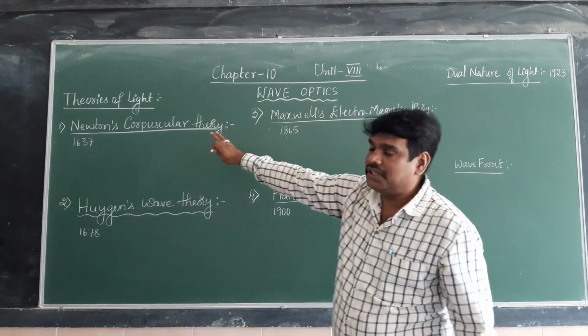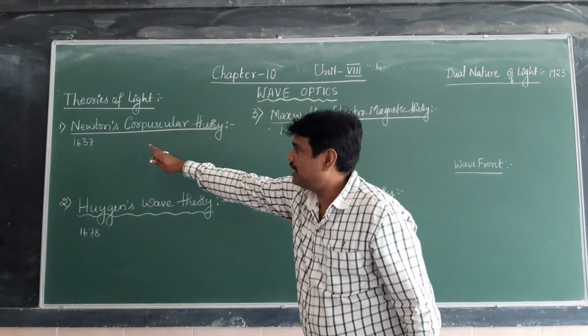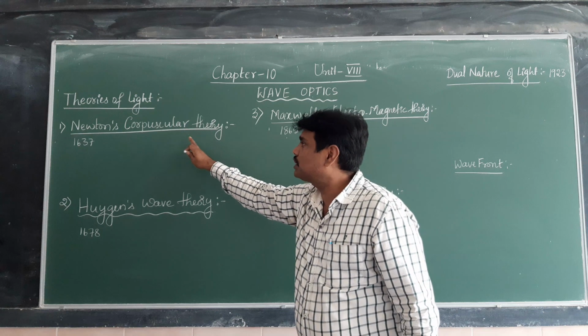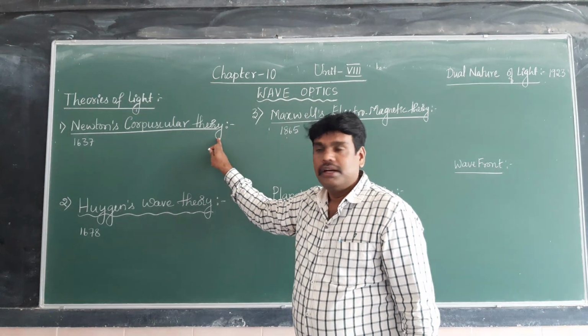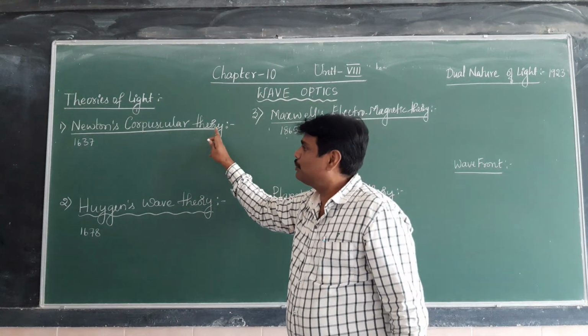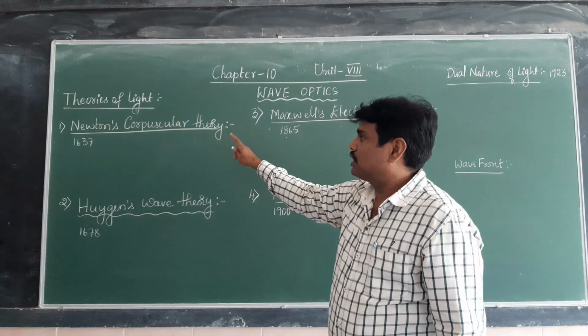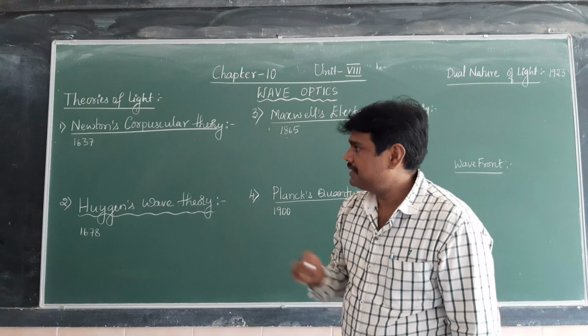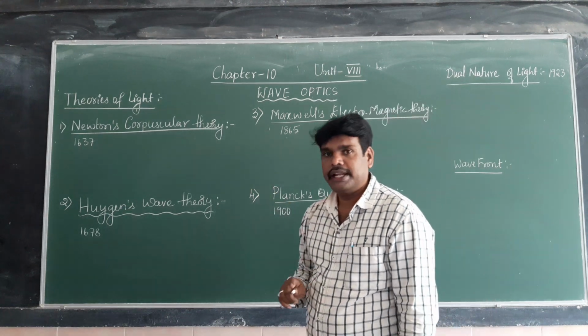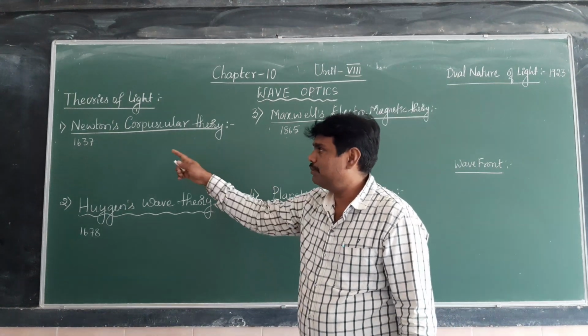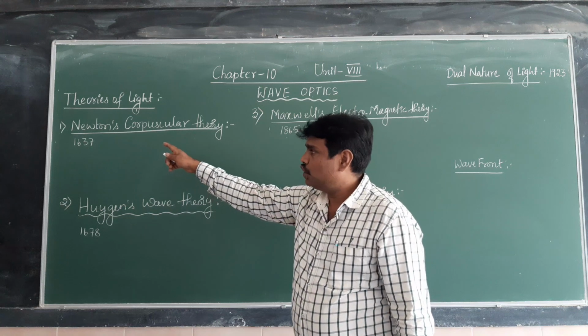The first theory is called Newton's corpuscular theory. Corpuscular theory was proposed by Newton, that's why it is called Newton's corpuscular theory. This is the first theory related to light, assumed by Newton.